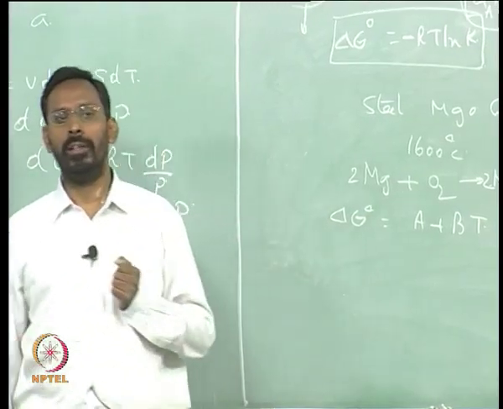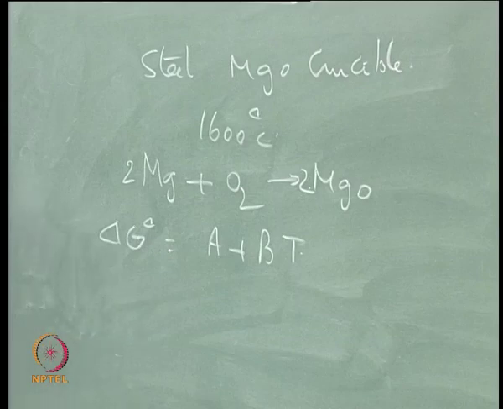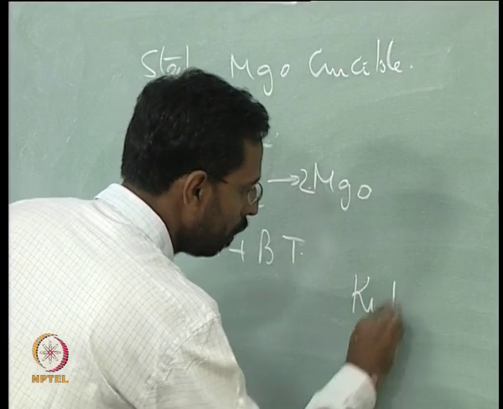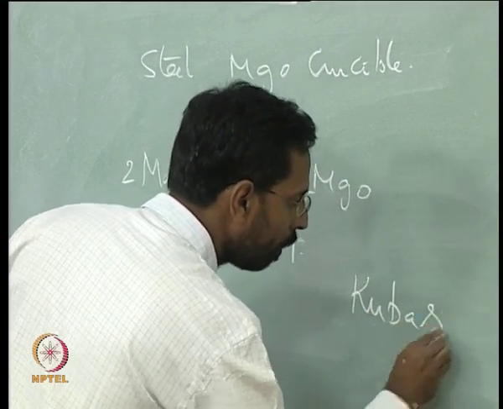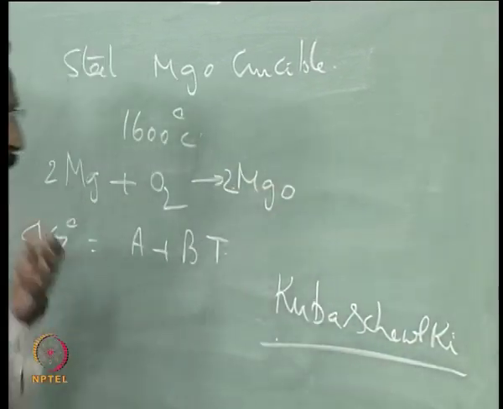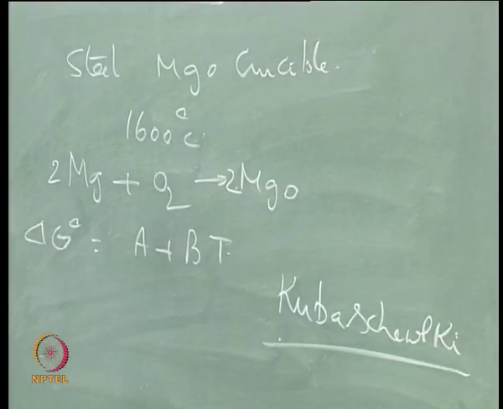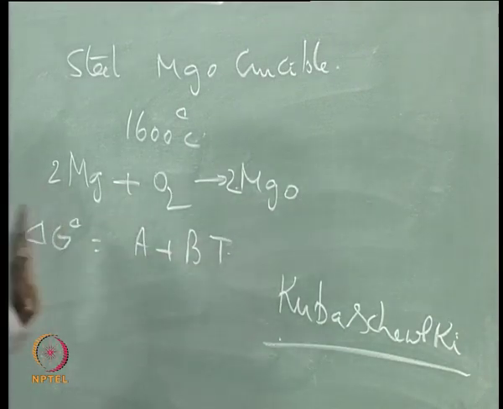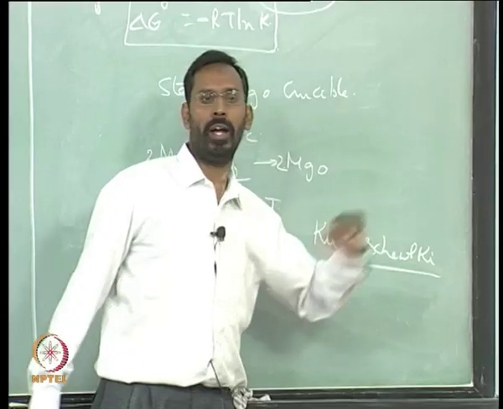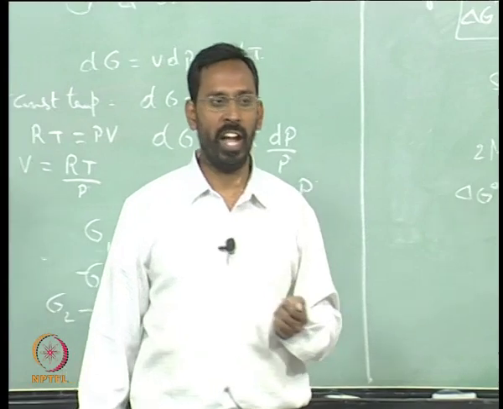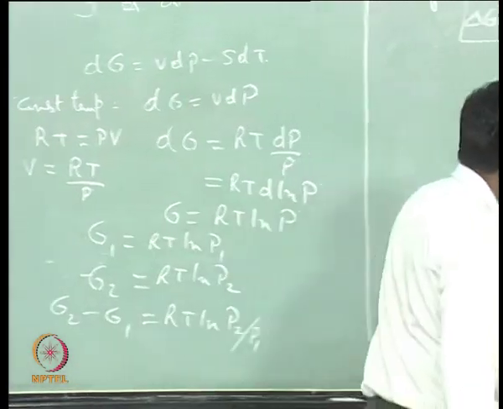For example, one of the good ones is what is called Kubaszewski. It is a book on thermochemistry, which gives you, towards the end, many appendices, and each appendix gives the values of A and B for various such reactions.